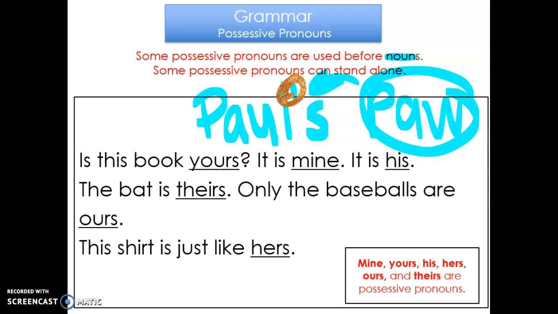So we have, is this book yours? So if you're saying, is this yours? You are asking if it belongs to them. Okay, then they respond with, it is mine. So then you own it. If you say it's mine, that means you own it. Now, if you don't own it, but your brother does, maybe you can point to him and say it is his. That shows that he owns it.